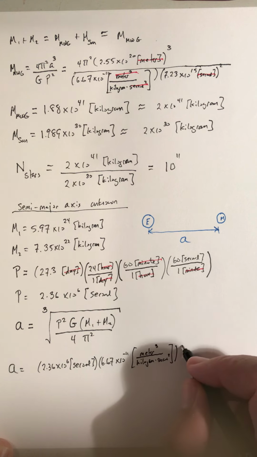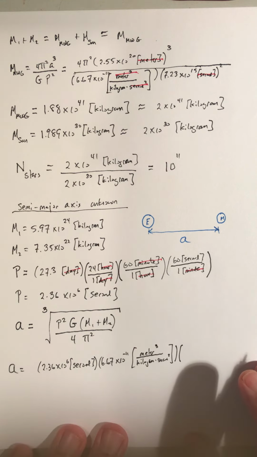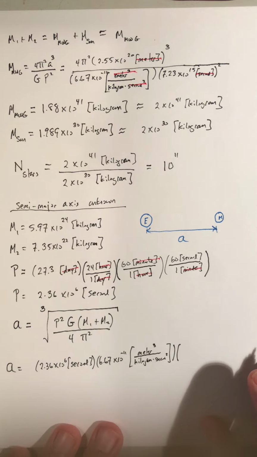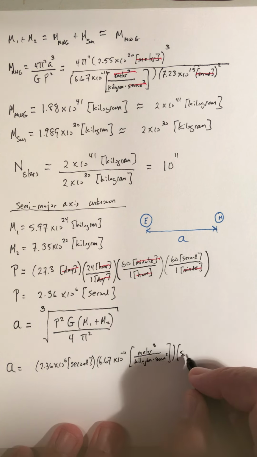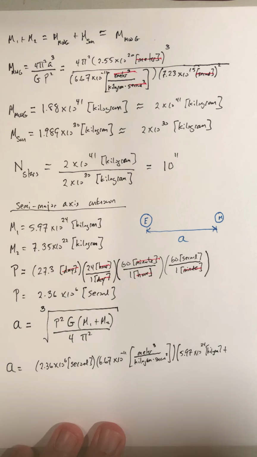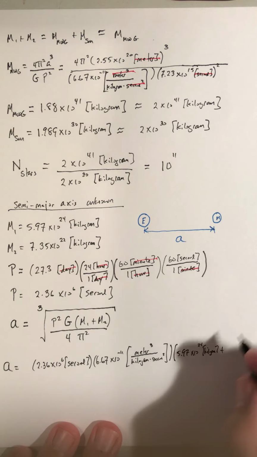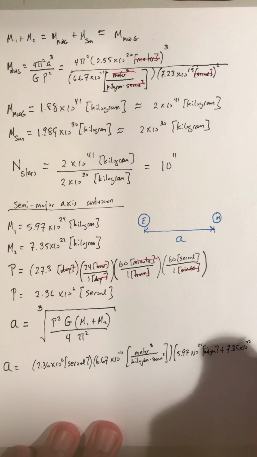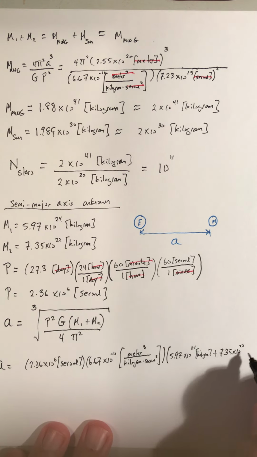And I've got the sum of the two masses, going to give me 5.97 times 10 to the 24th kilogram plus 7.35 times 10 to the 22nd kilogram.